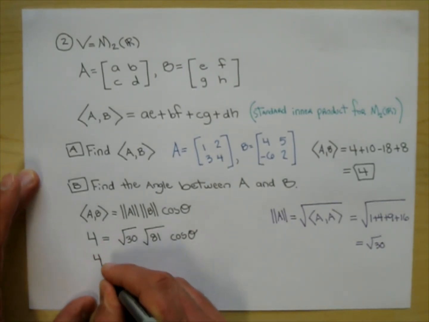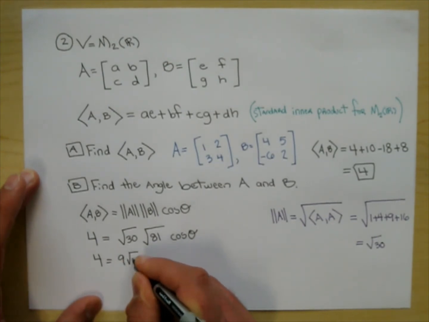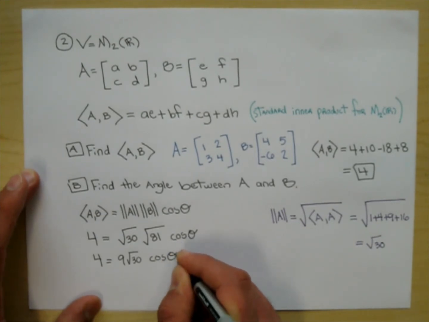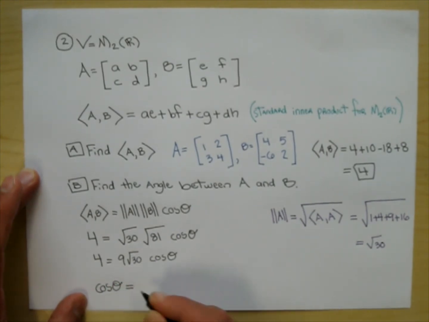So 4 equals 9 root 30 cosine theta. Cosine theta equals 4 divided by 9 root 30.